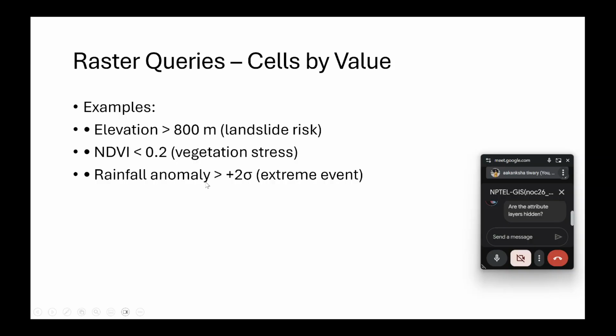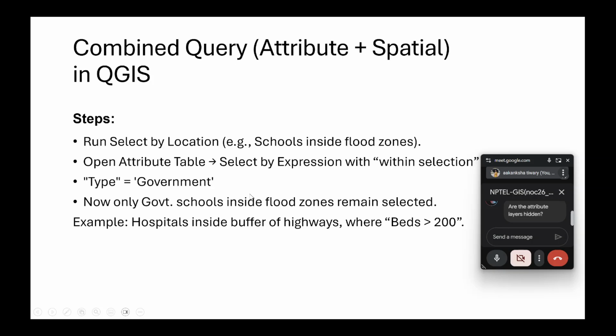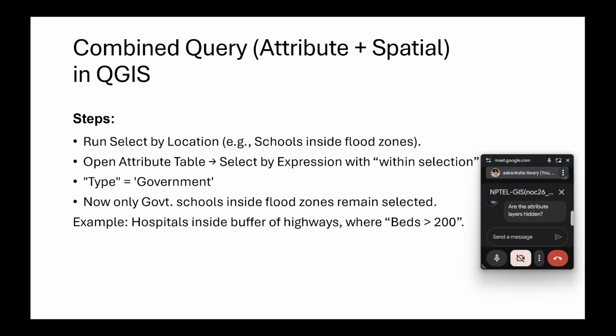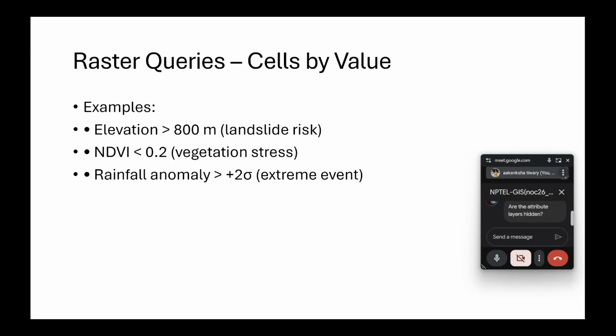So the points that have less than 0.2 NDVI. And for rainfall you can look at the extreme events, where the standard deviation plus minus 2 is going. Okay. So these type of querying you can do using raster data, and these ones are for vector data.